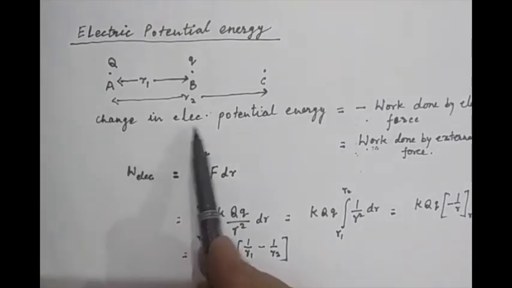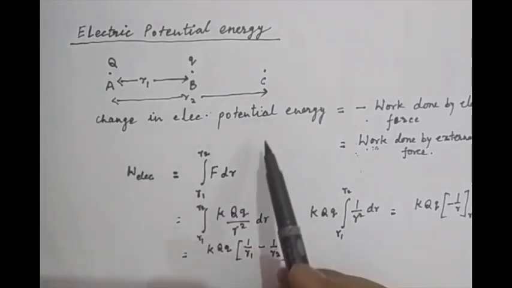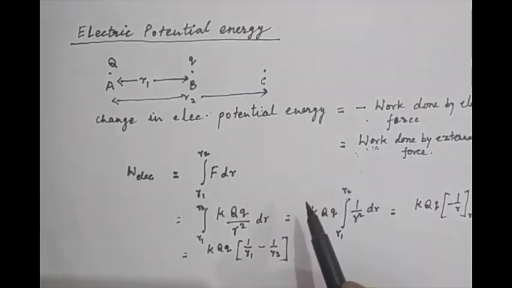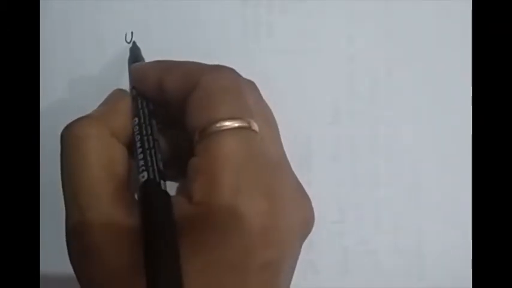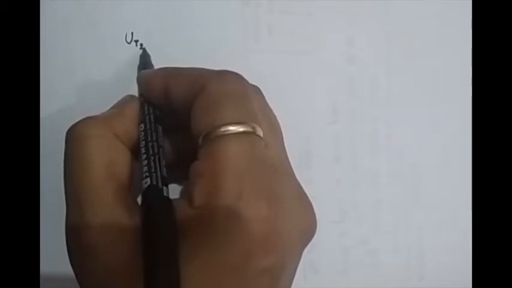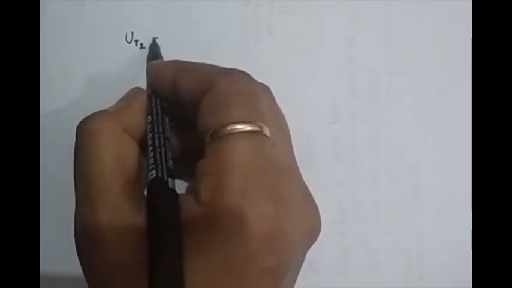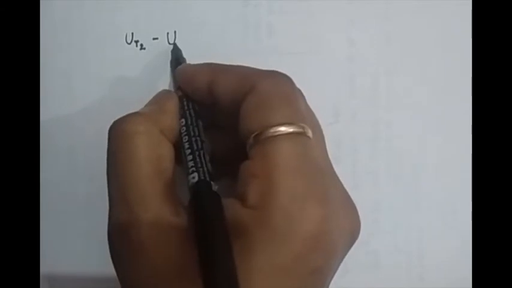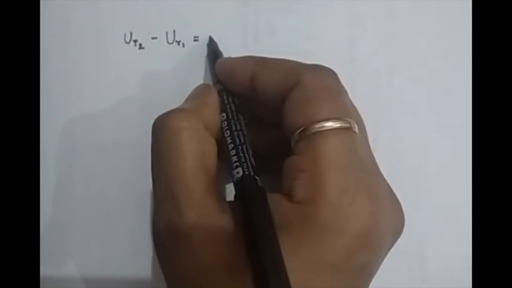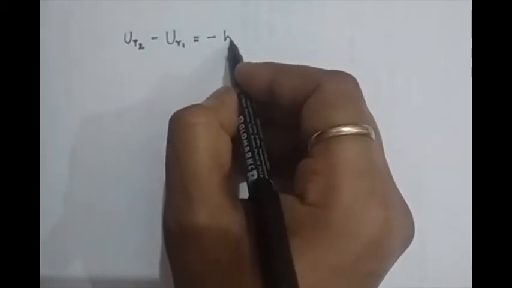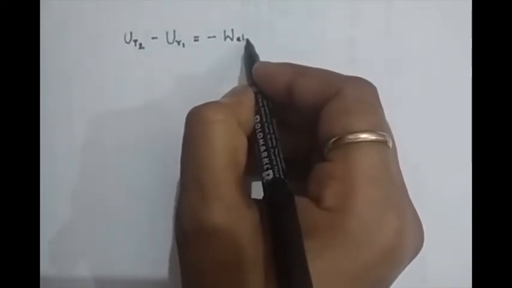Change in electric potential energy is denoted as U(r2) minus U(r1), final position minus initial position, and according to the definition it is equal to negative of work done by electrostatic force.